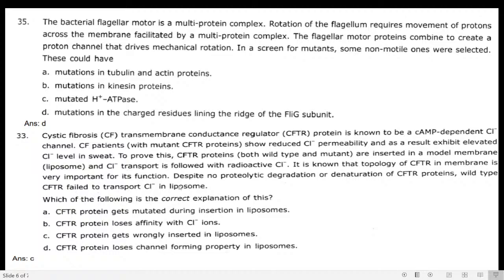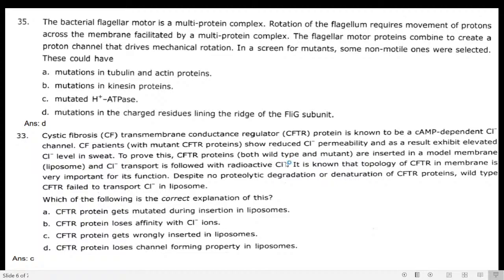This is the story. Cystic fibrosis transmembrane conductance regulator, the CFTR protein, is important for this process. It is known to be a cyclic AMP dependent Cl- channel. Cystic fibrosis patients show reduced Cl- permeability and a higher concentration of Cl- in the sweat.